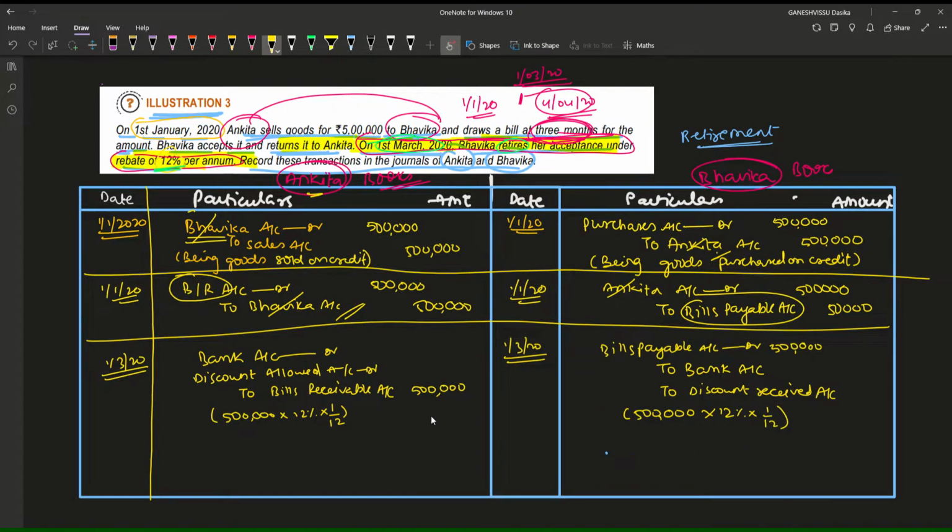Now with the help of a calculator, I think you know how to calculate this value. 5 lakhs into 12% into 1 divided by 12 gives 5000 rupees as the discount here. Simply, the question has been completed. What is the remaining amount of this 5000 from 5 lakhs? 4,95,000.